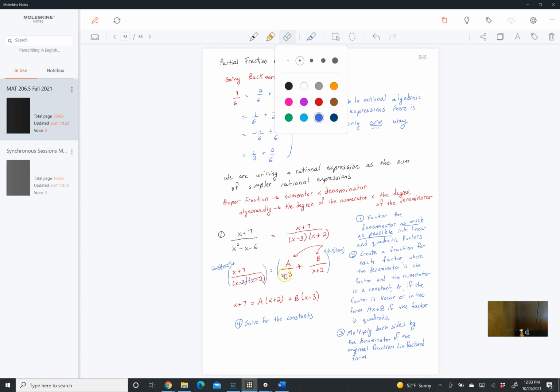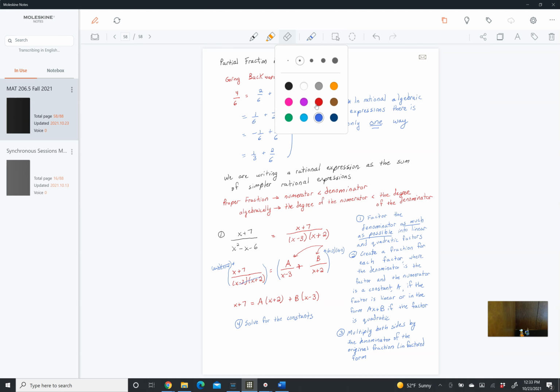Then we multiply by the denominator on the left. So here everything canceled. For this first fraction, the x minus 3 goes away, but we're left with x plus 2. And in this one, the x plus 2 goes away and we're left with x minus 3. That's always going to happen, that you're left with your constant times some factor. Okay? Okay, let's keep going.